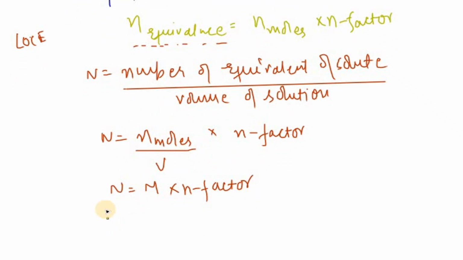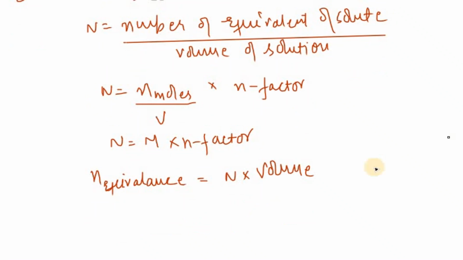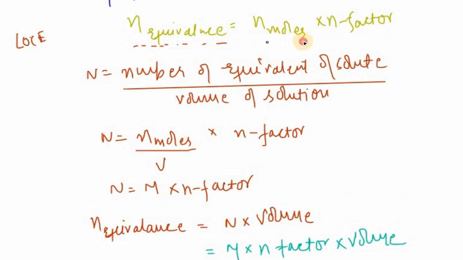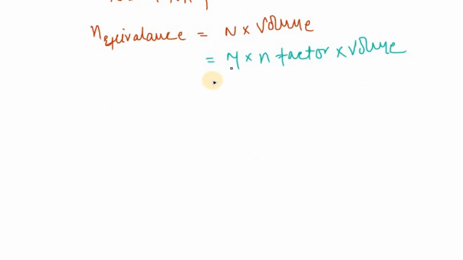So here is one more way we can calculate the number of equivalents: normality multiplied by volume, and we know that normality is molarity into n factor, so that is molarity into n factor multiplied by volume. And if we see the very basic formula by moles, the number of equivalents equals the number of moles multiplied by n factor.